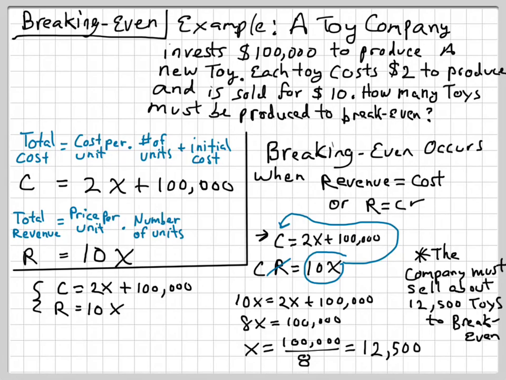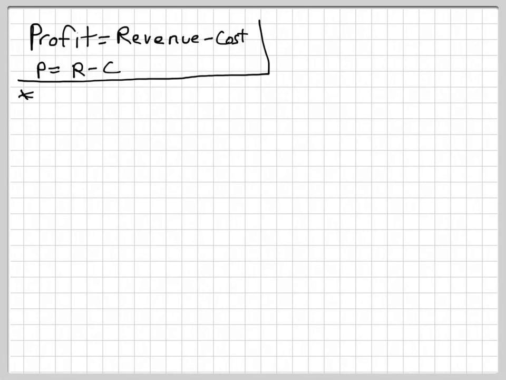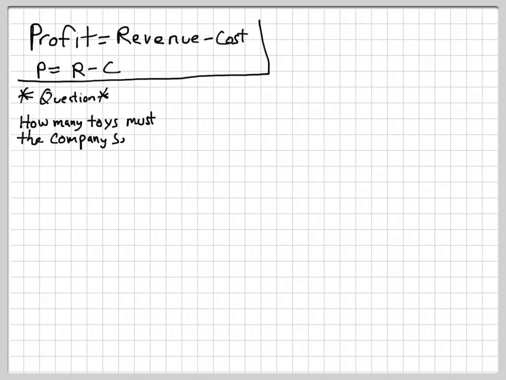Another question that I can ask in this particular problem with this particular company is the following. I can ask how many toys the company must sell in order to make a particular profit.